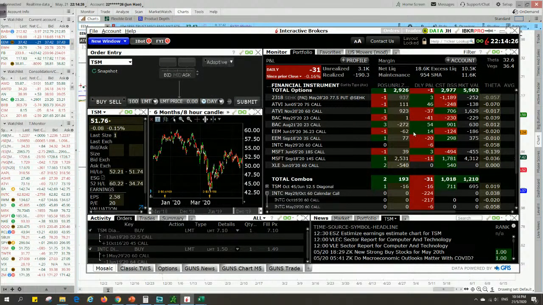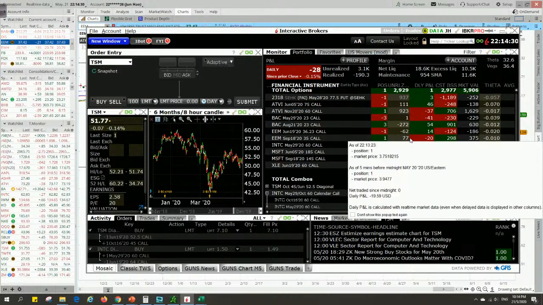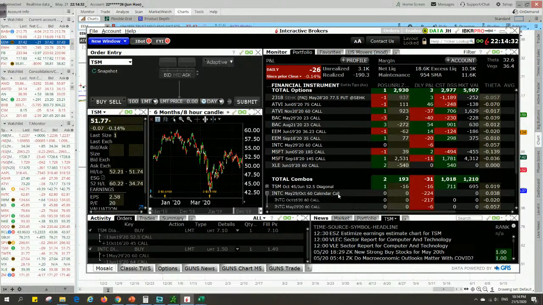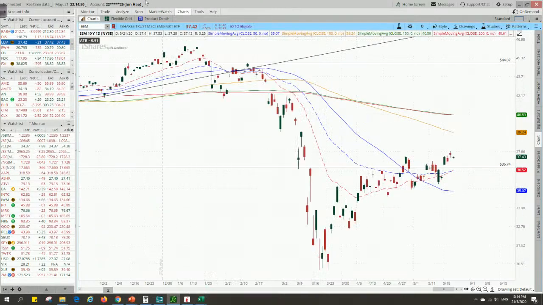All right, right now we are seeing that overall the trade is still profitable if we look at it in detail. So 36.23, let's look at where it is right now.